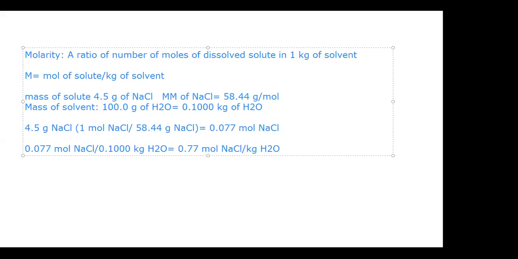Okay, when you're working with something like this, either one of these are pretty simple to do in a laboratory setting. You're going to need to figure out your moles of solute either way. But if it's easier for you to do mass of solvent versus the volume of the whole solution, it's kind of whatever.